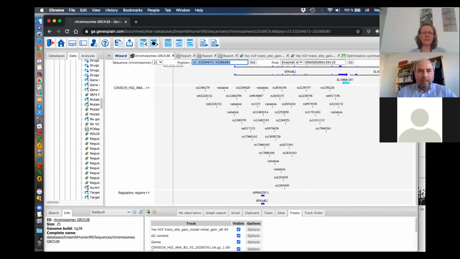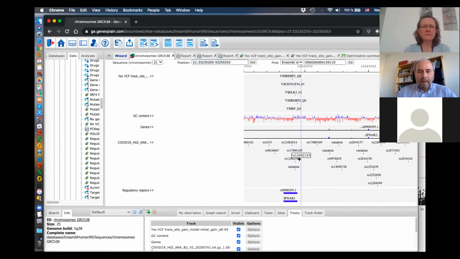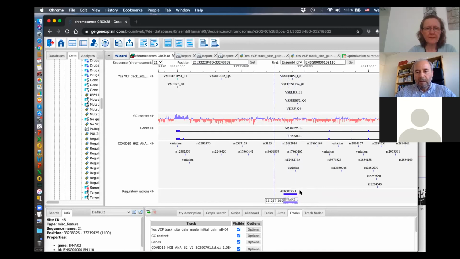The algorithm goes through all these SNPs and finds a region in the genome which has the most SNPs in a small region. This region is around 1,000 nucleotides, and it focuses on that region.